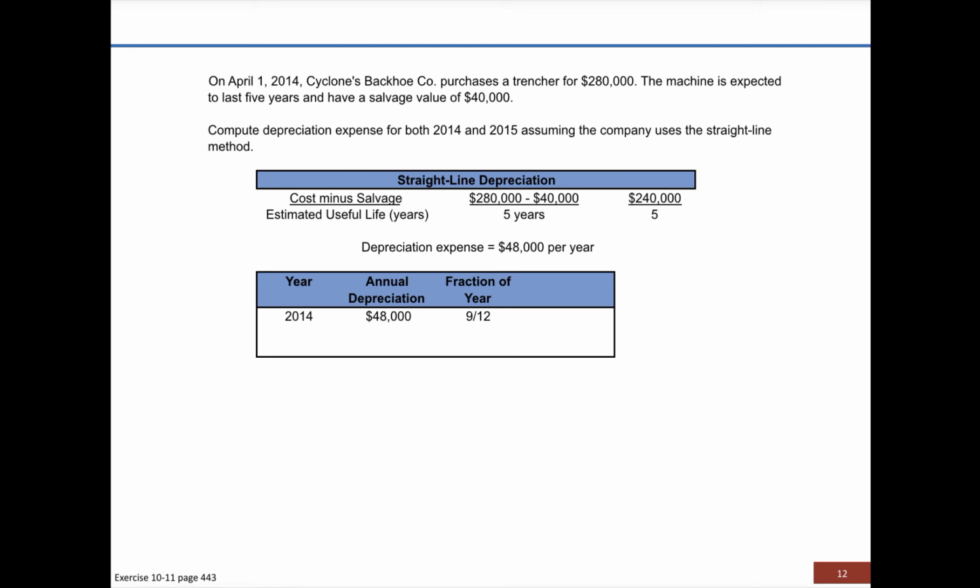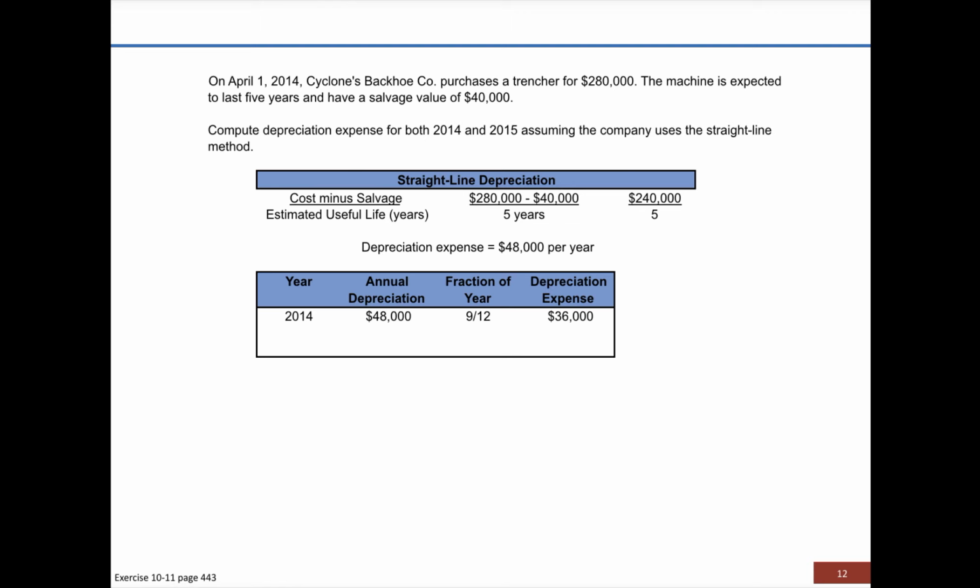So all you have to do, instead of the full amount of depreciation that first year, is find out what portion of the year we're talking about. In this case, it's 3/4 or 9/12. So you would multiply 75% times 48,000, and that would give you the amount to recognize this year.